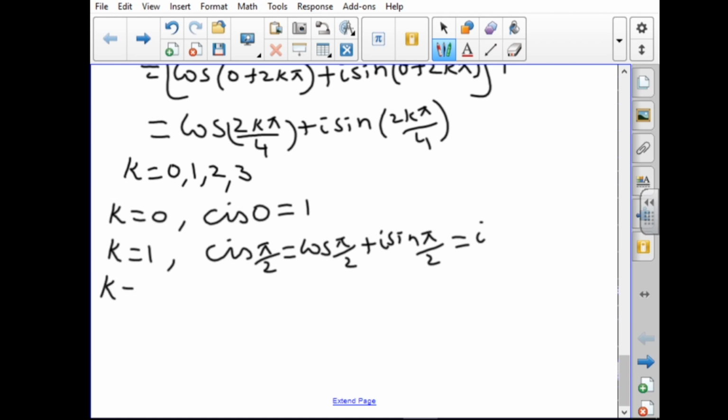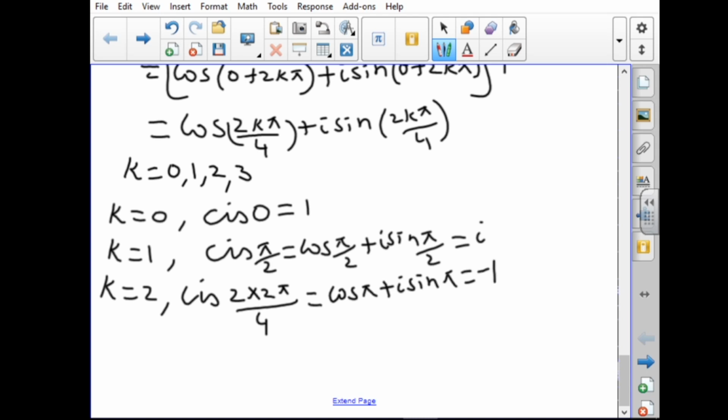Then when you put k is equal to 2, we get cis 2 into 2 pi by 4. So it is cos pi plus i sin pi. Cos pi is minus 1, sin pi is 0, so this is minus 1.